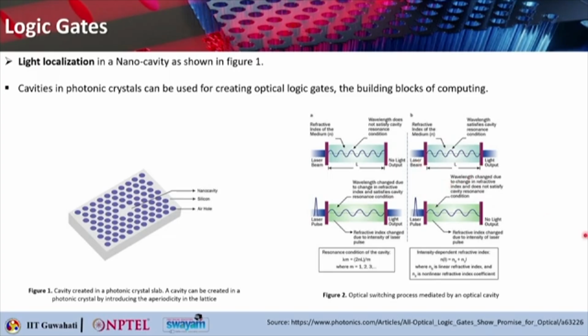But then when you put the laser pulse, the refractive index will change, and that makes the wavelength change in such a way that it no longer satisfies the resonance cavity condition and the light output will stop. So these are the two contrasting scenarios that you can obtain using an optical cavity, right. So these are basically switching applications which are very useful for realizing optical logic gates.